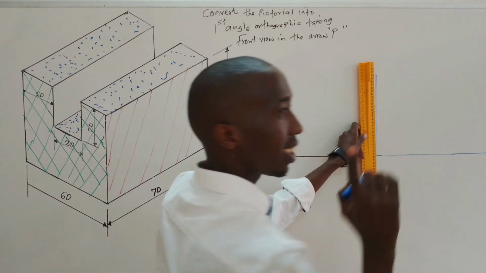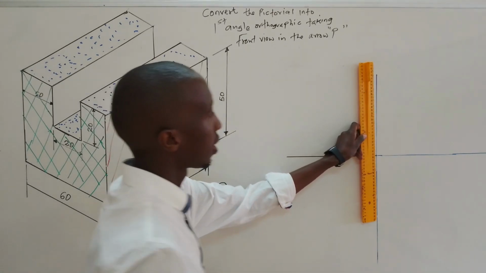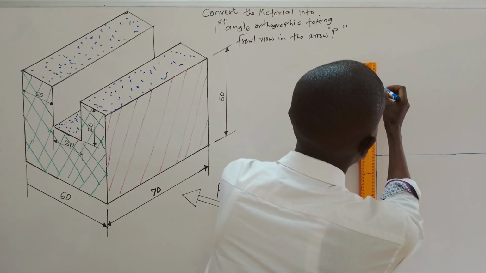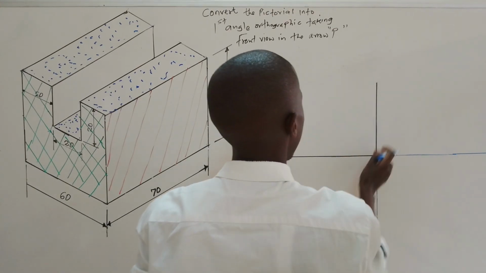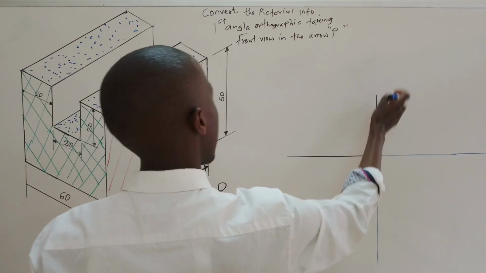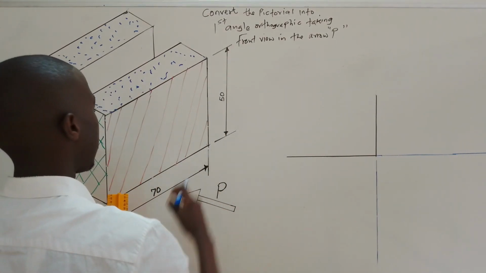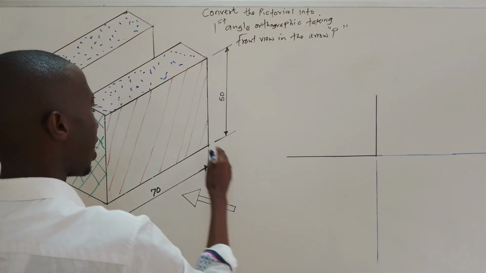And remember I said the corners are orthogonal, so it means it gives us a corner of 90. So this is 50, and then this is 70. Now remember, this corner is this corner. We are drawing this thing now from this side.